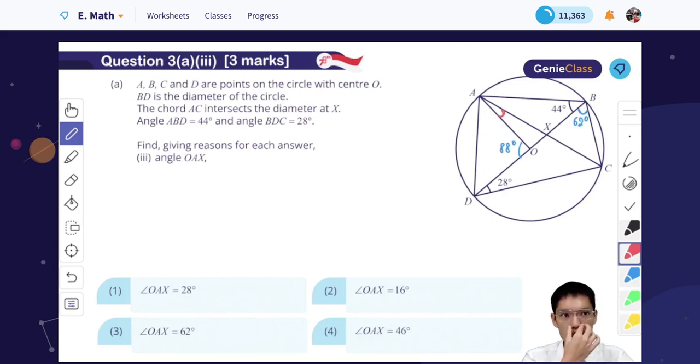In 10 seconds' time, I'm going to launch it. For those who are ready, get ready your fingers to answer the question. In 3, 2, 1, let's go. Take note of the mistakes that you might have made along the way.